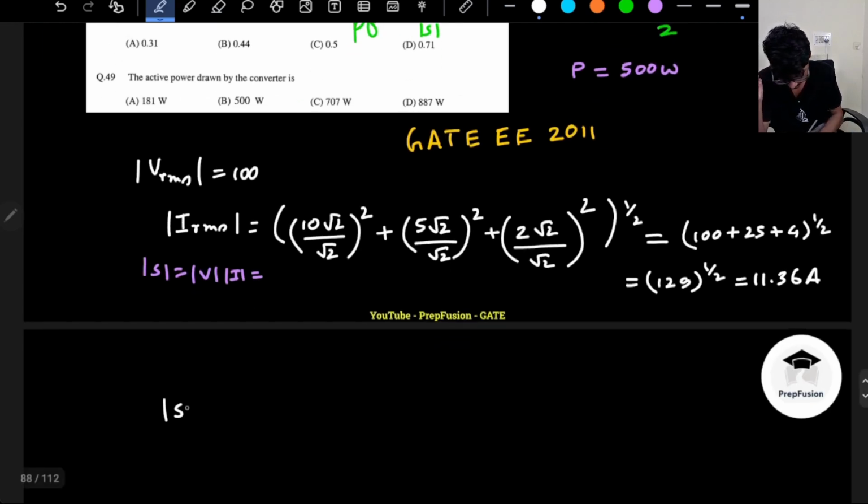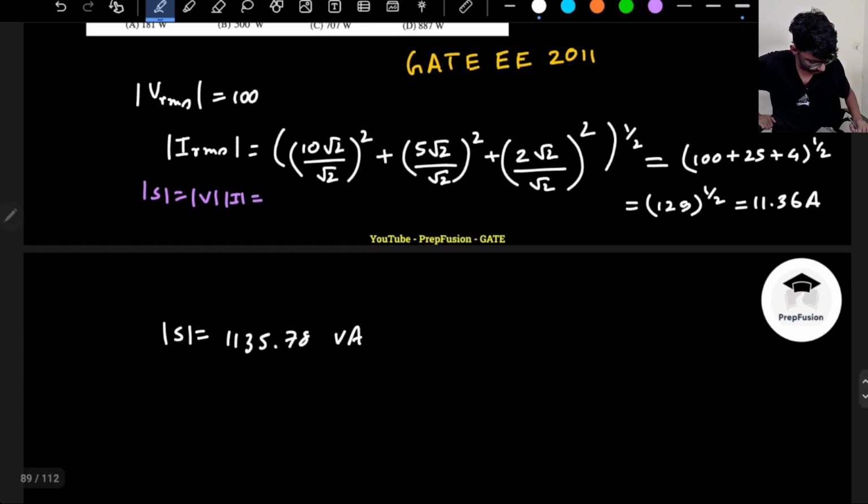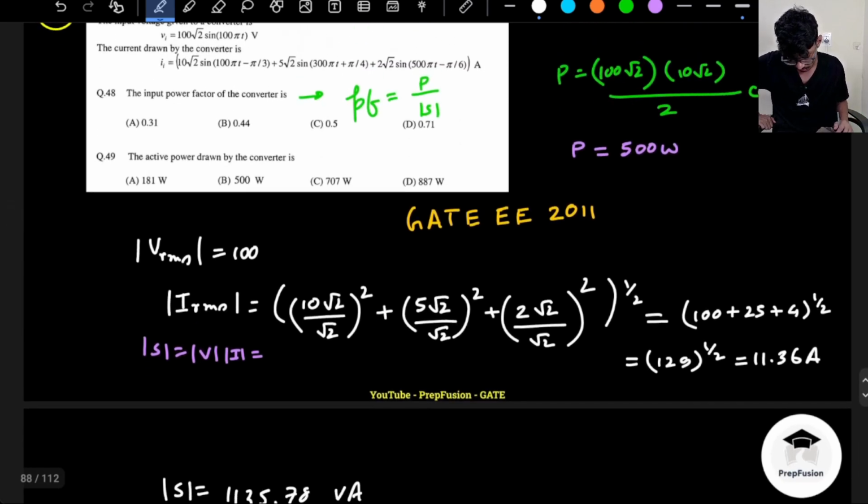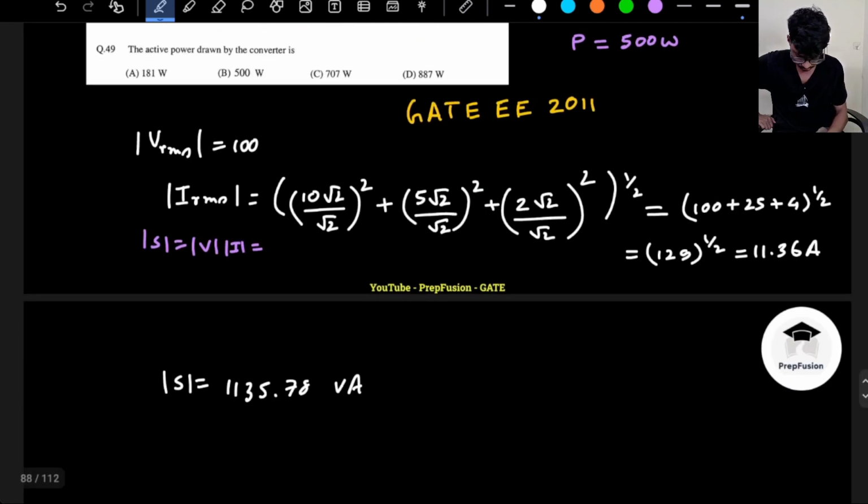So what will be my apparent power? It is the RMS voltage into the RMS current, so 100 times this, which is 1135.78 volt ampere. The power is 500, so the power factor ultimately comes out to be 0.44.